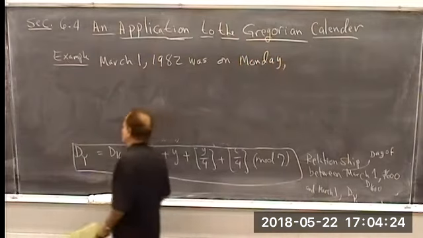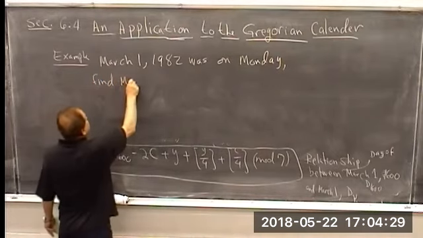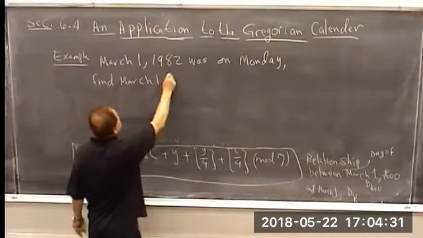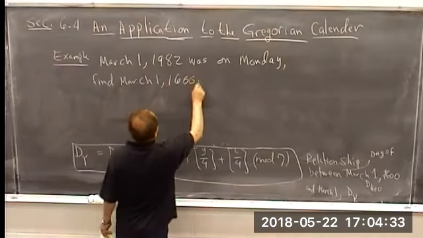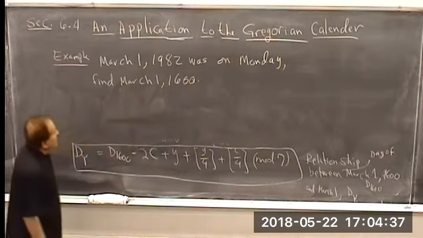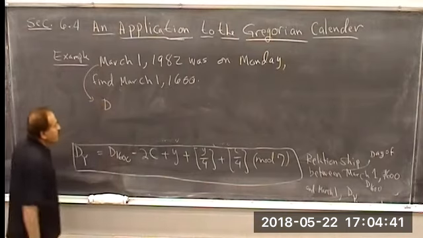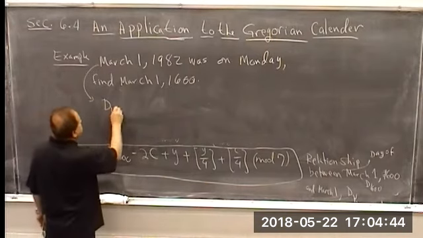We need to find what day of the week March 1st, 1600 was. What we are given here is D for 1982.